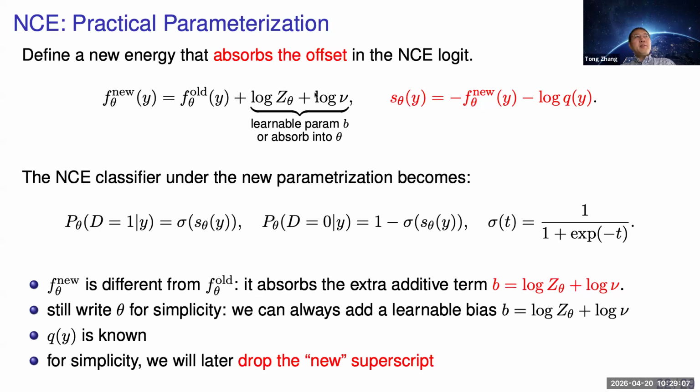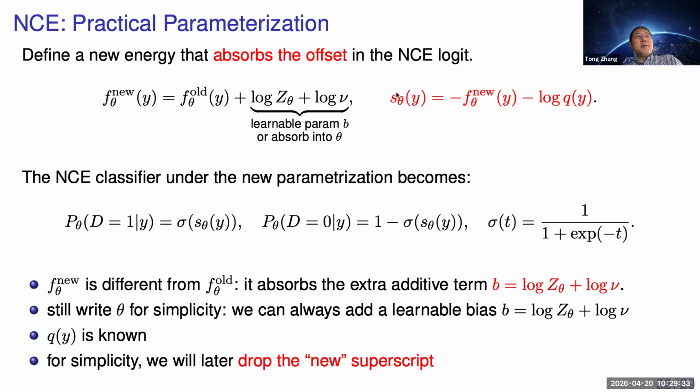It can be absorbed into the learnable parameter, which doesn't depend on y, so it doesn't affect your normalization. It can be absorbed into the Z, so it doesn't really matter.